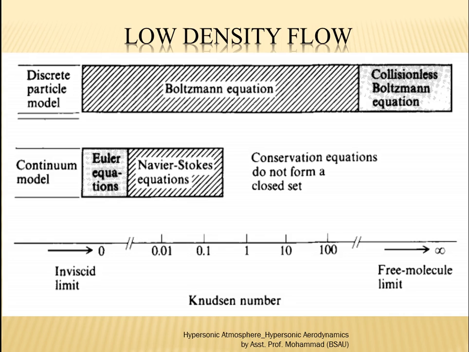On concluding the low density flow: up to the altitude of 90 km from the Earth's surface, where Knudsen number remains below 0.2, the applicability of the continuum assumption remains intact. We can very well use this even without the application of the no slip condition, the slip condition.